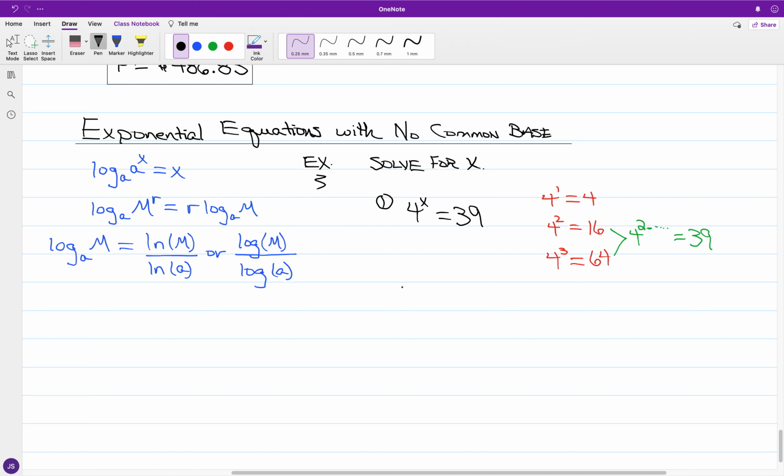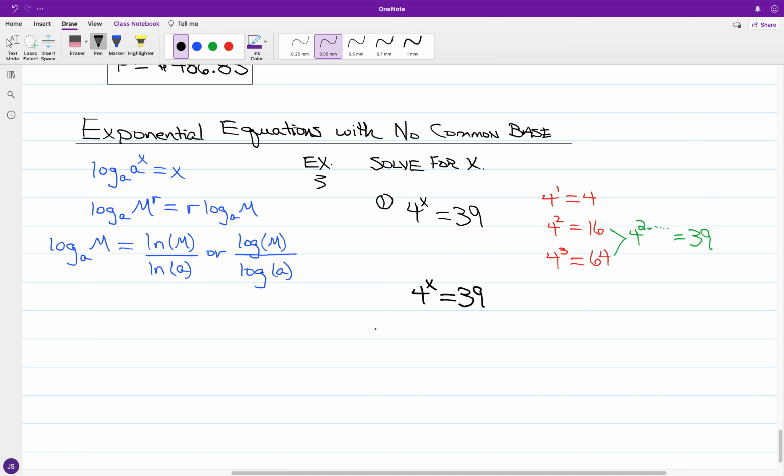Looking at 4 to the x equal to 39, we have the variable x on just one side of the equation. I can free up x from the exponential base 4 using the property that the base a log of a to the x is equal to x.